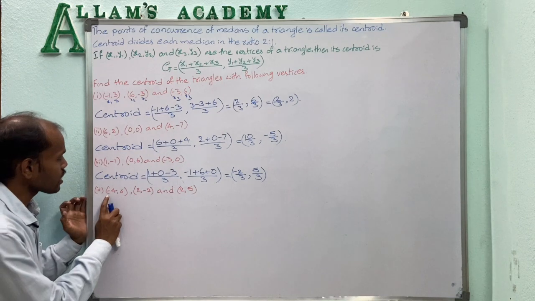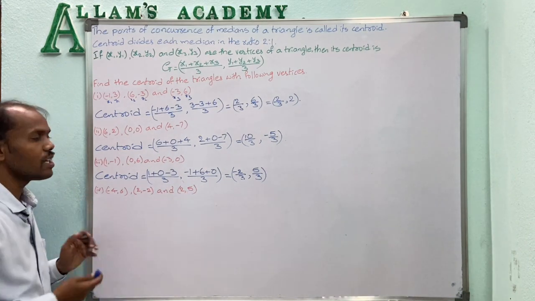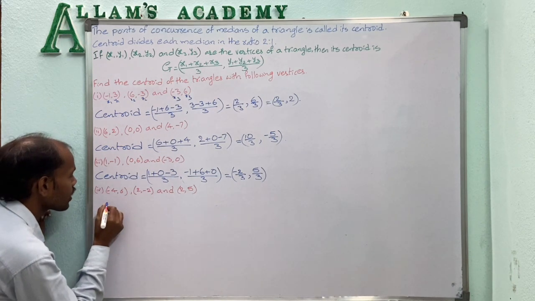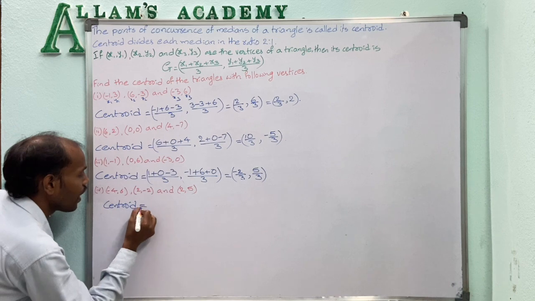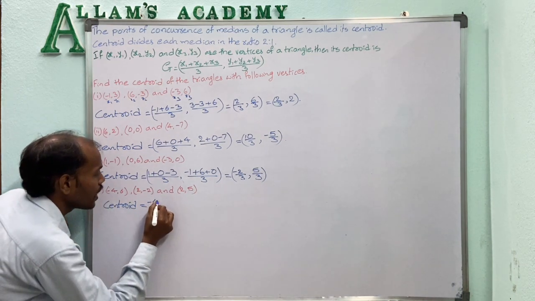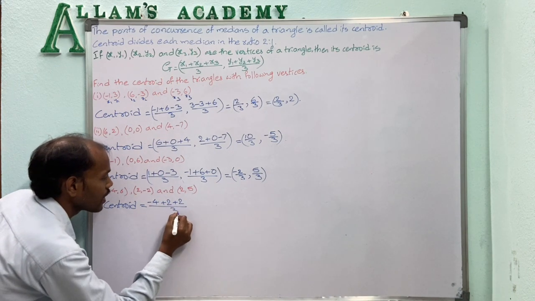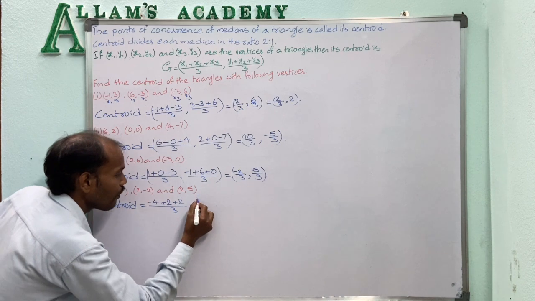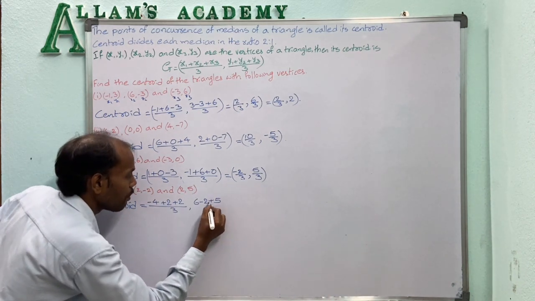For the vertices (-4, 6), (2, -2) and (2, 5), find the centroid. So the centroid formula is ((x1 + x2 + x3)/3, (y1 + y2 + y3)/3). So x1 is -4, x2 is 2, x3 is 2, by 3, y1 is 6, y2 is -2 and y3 is 5, by 3.